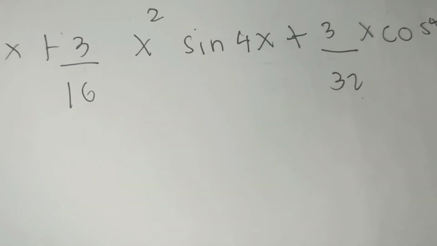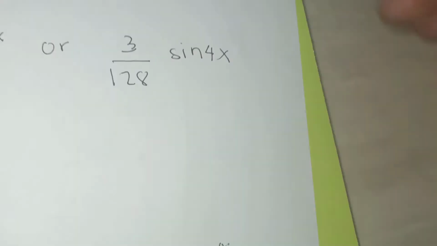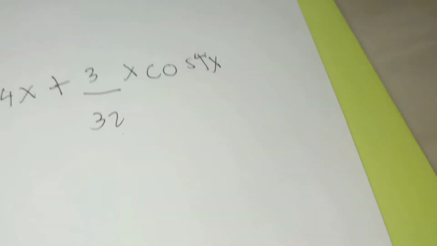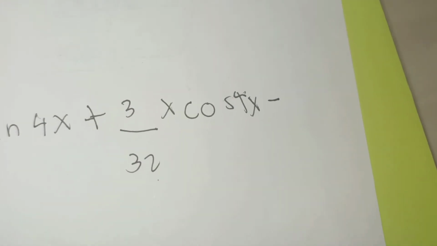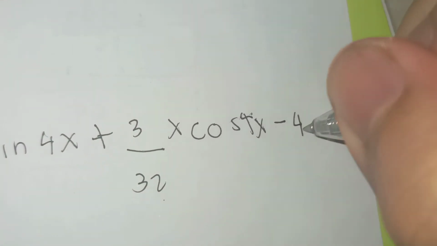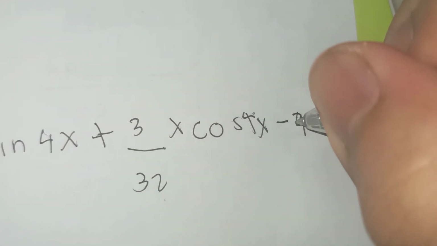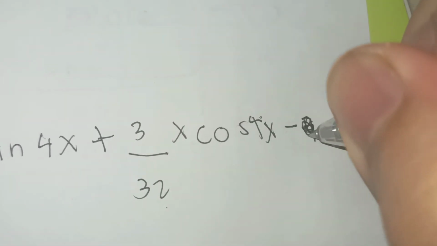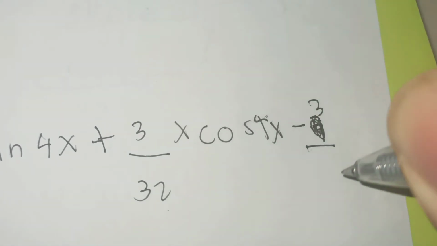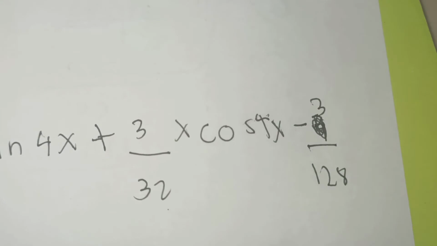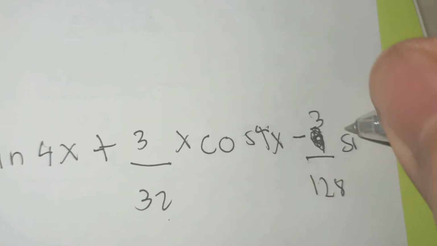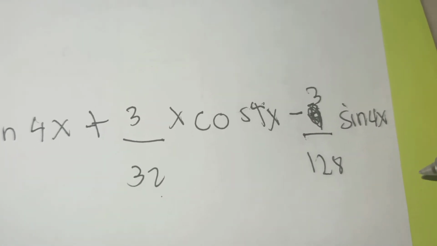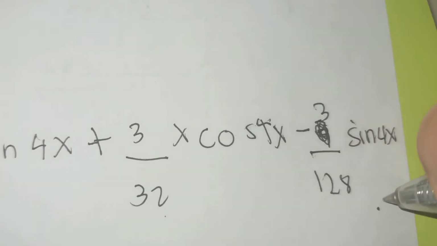And then the last part we will put minus, apologize, it's 3 over 128 sine 4x, and don't forget to add the arbitrary constant.